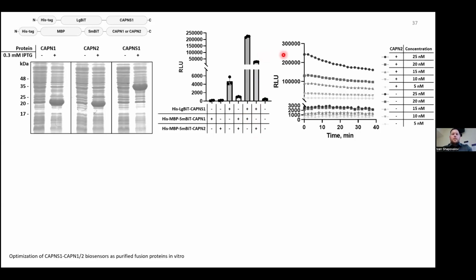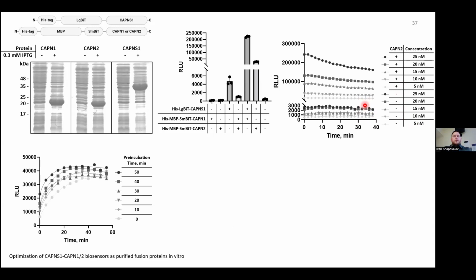From here, I've shown that our biosensor assays are very sensitive, in that even at 5 nanomolar concentration of our biosensor halves, we could still see a difference between our positive and negative controls and be able to reliably detect that.